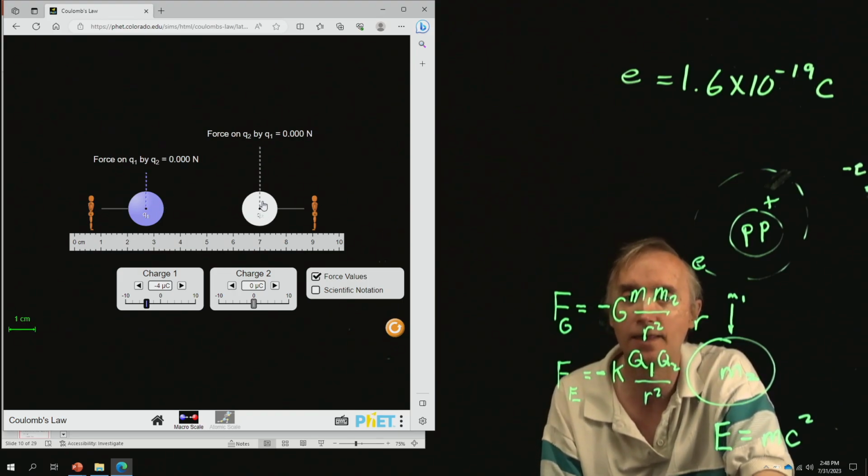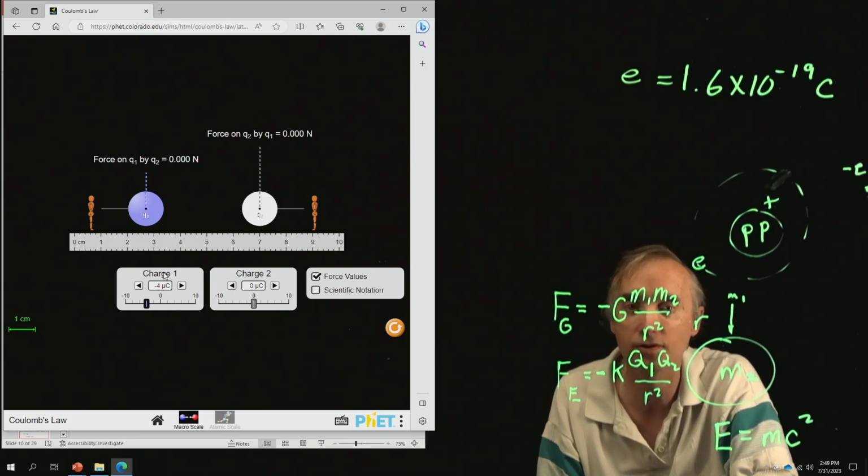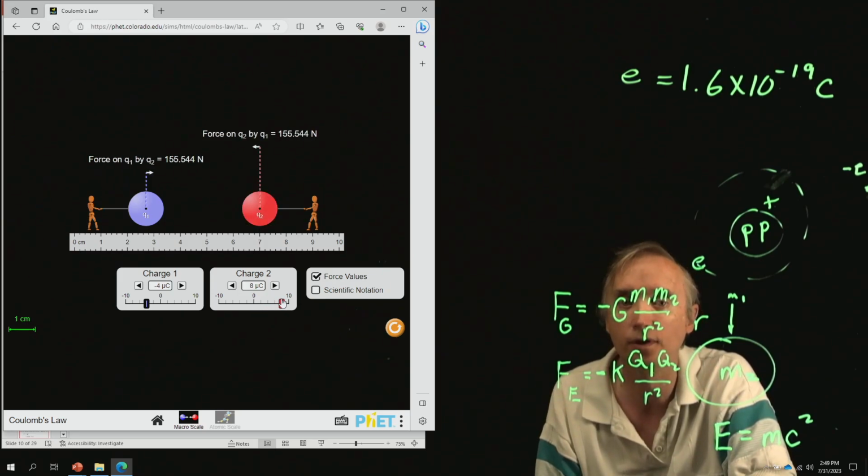Okay? And then up at the top, I want you to look, here is the force on charge number 2 caused by charge number 1. And then down here, this is the force on charge 1 caused by charge number 2. And so let's go ahead and give it some electrical charge there.